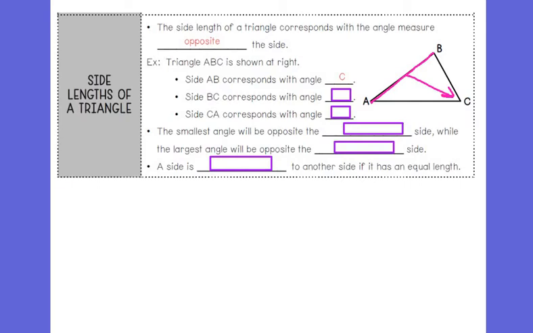So if angle C is real small, AB is going to be real short. Okay, look at BC. Who is determining that size? Angle A across from it. And then CA is this line here. What angle is determining that one? Angle B is determining its size.